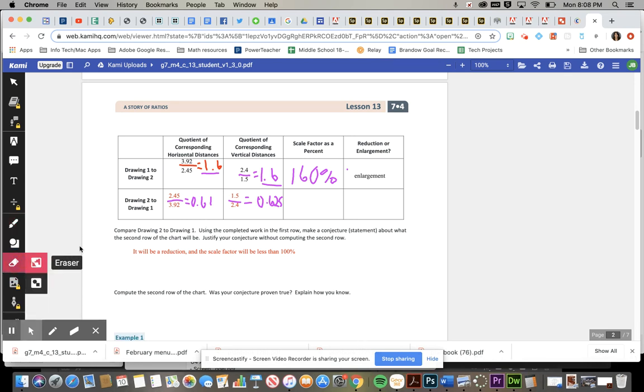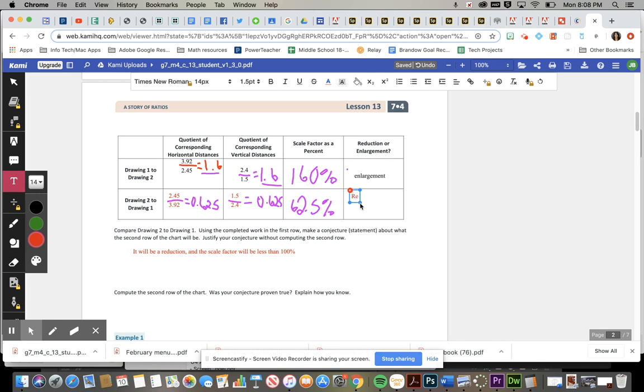So looking back at this, I must have typed something in wrong there. And this is also 0.625. That scale factor should have been the same for both, so I knew that there was something wrong. Okay, so 625 thousandths. And to change that to a percent, I would move it over 2 places, so it'd be 62.5%. And sure enough, that is less than 100, so this is a reduction.